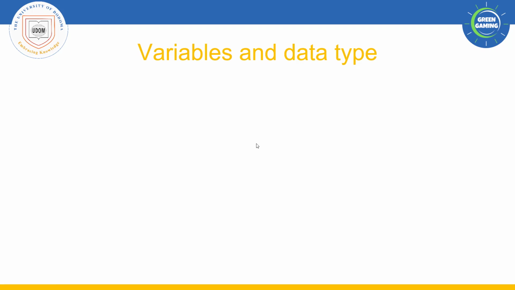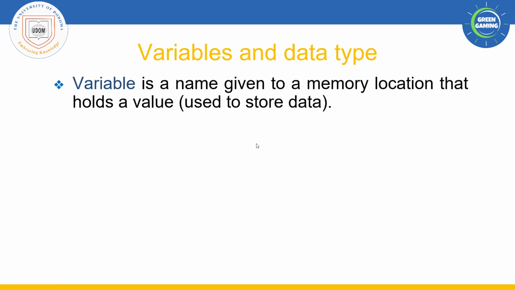So what is a variable? A variable is the name given to a memory location that holds a value used to store data. As I said, when you are building an application or a different program, you deal with different data. You need to manipulate those data to perform different things.